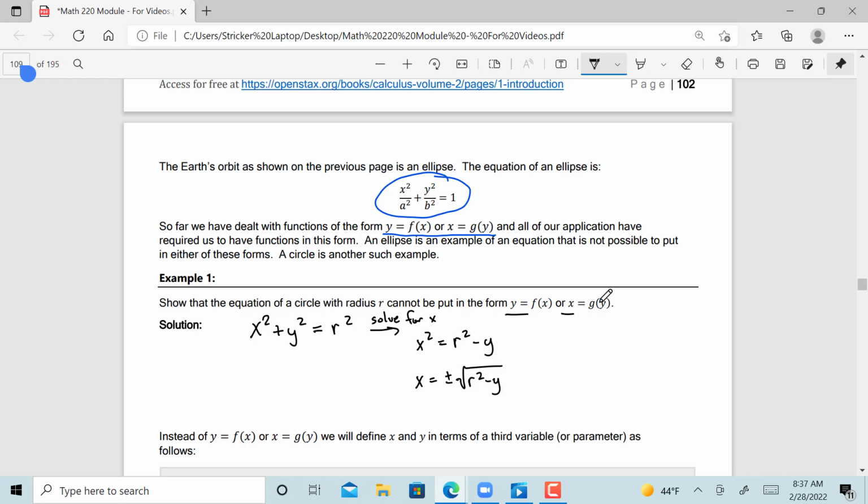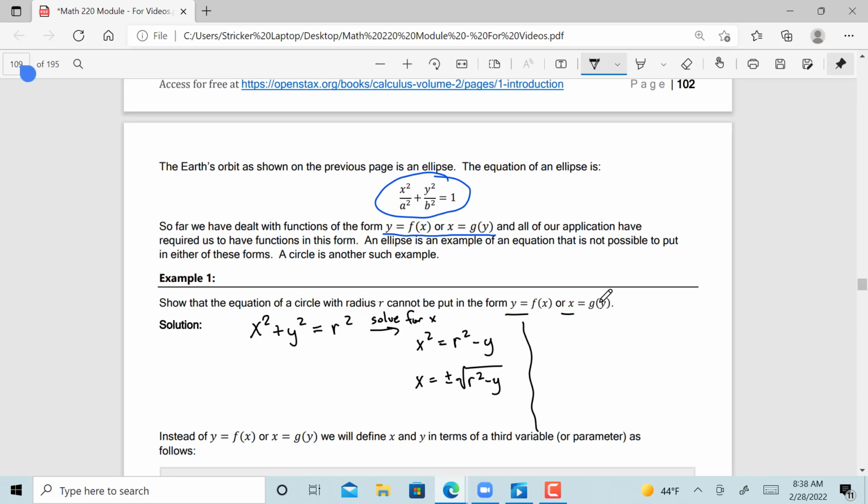This is two separate equations. If you were to graph that, you have to enter two separate graphs to get that whole circle. In fact, if you enter the positive square root, you get the right side of the circle, and if you enter the negative square root, you get the left half of the circle. So we actually need two equations, not one function, but two functions.